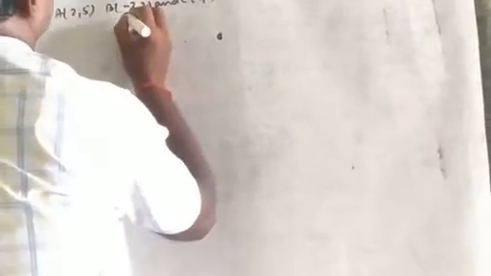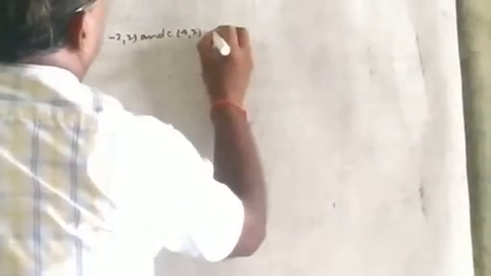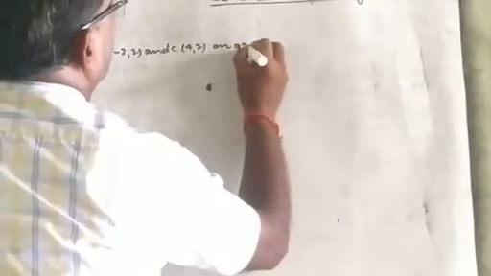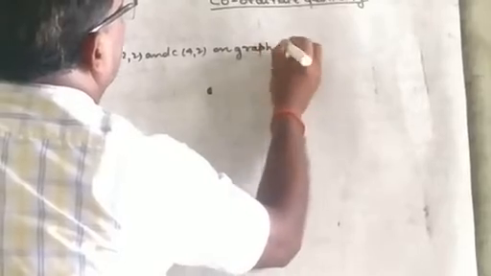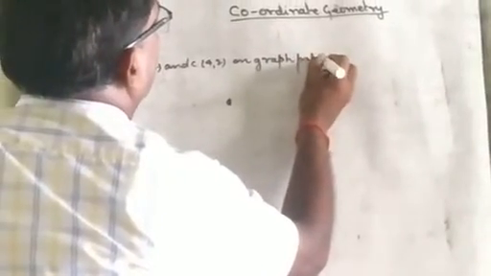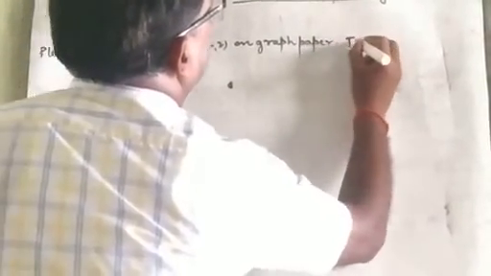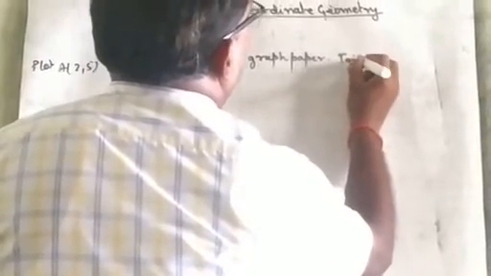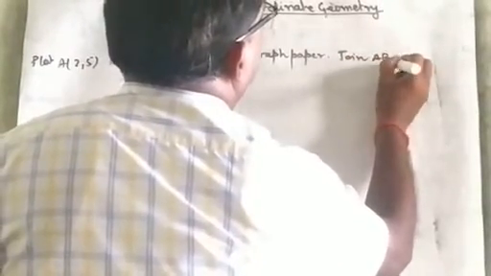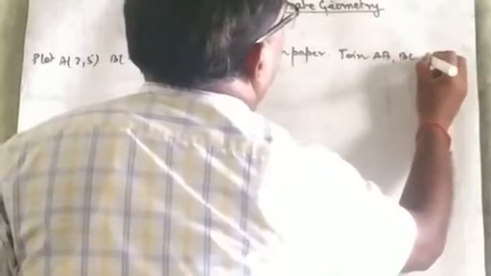Plot A this, B this and C this one on graph paper. Join AB, BC and AC.